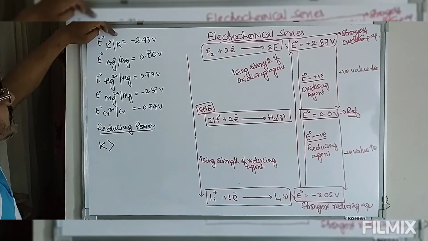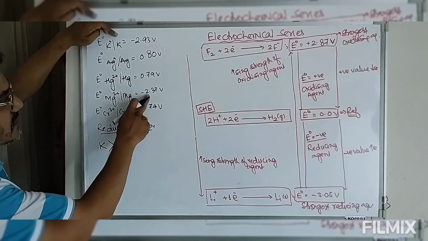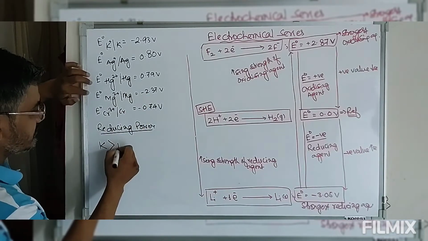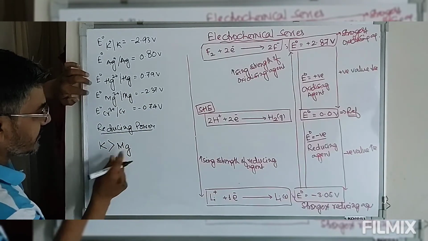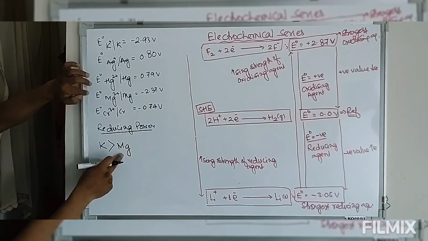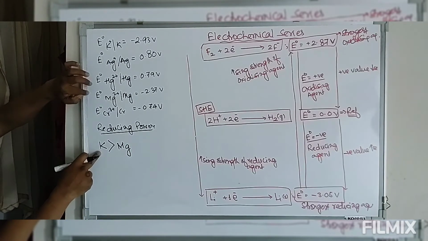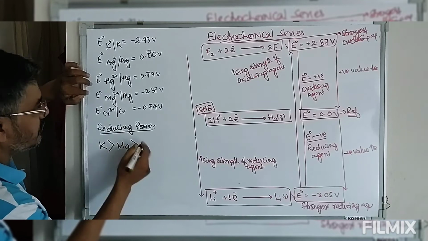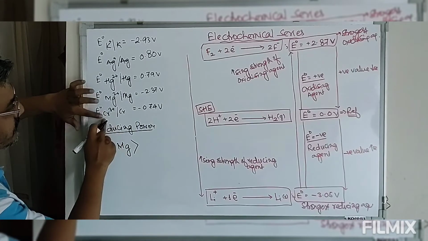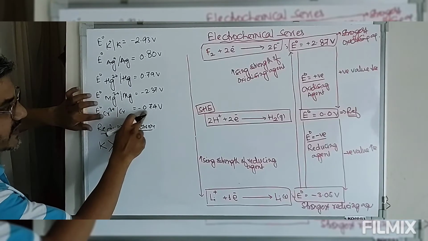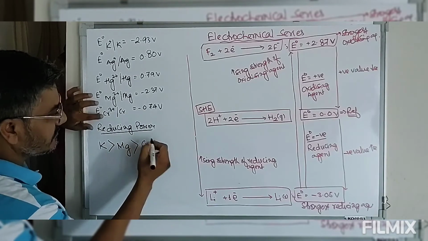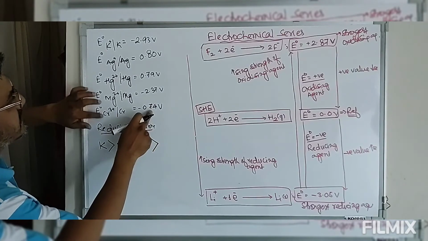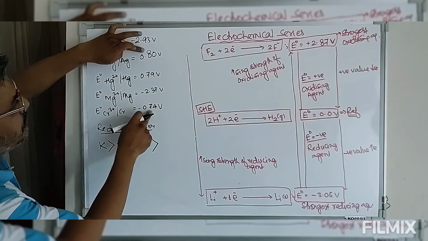Now after potassium, the next negative value is for magnesium. So the reducing strength of magnesium is less than that of potassium. After this, we have chromium. For chromium, reduction potential is minus 0.7. After this, look at this. This is plus 0.8.